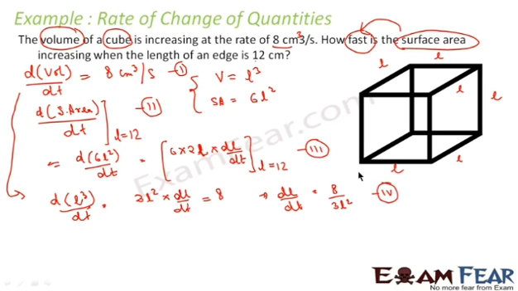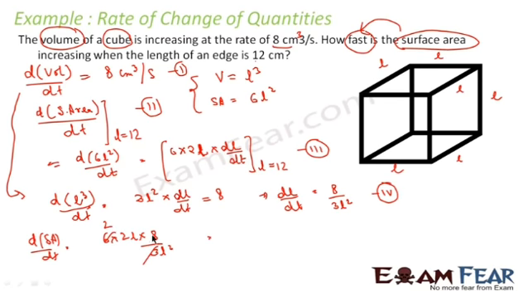So I can combine the third and fourth, and I'll get d of surface area by dt as 6 into 2L into dl by dt, which is 8 by 3L square, correct? 3 and 6, I can cancel 2.